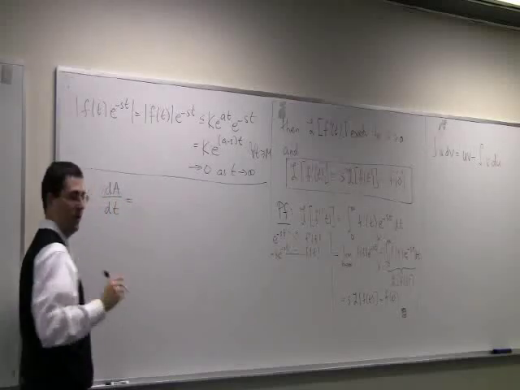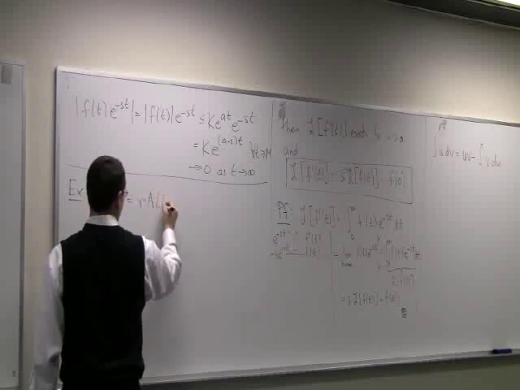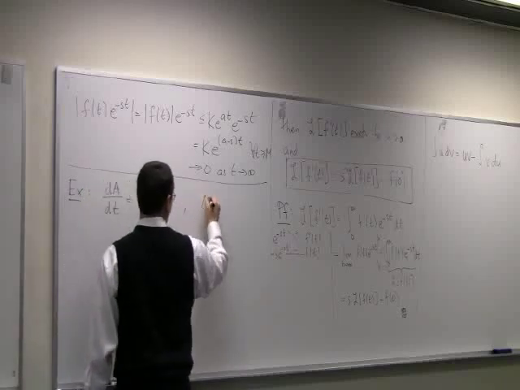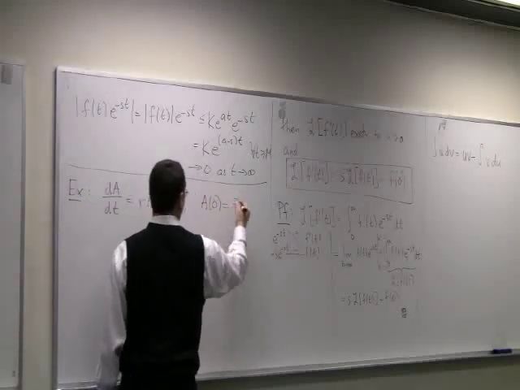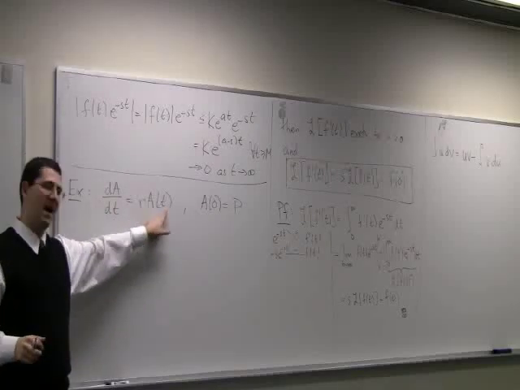So last week we wrote down the following differential equation, and I think we did it in the context of interest rate on a bank account. So A of t is the amount of money you have at time t.